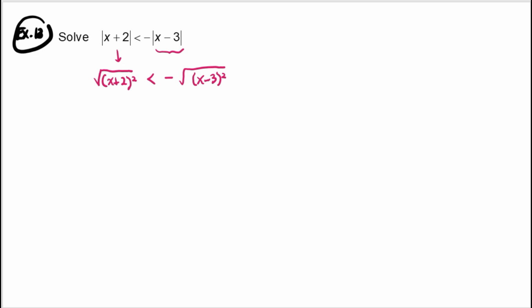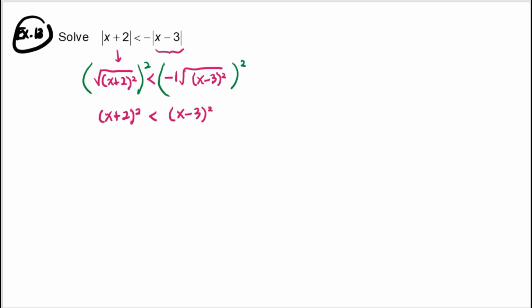Now to remove the square root, we have to square both sides. So when we square this, we have (x plus 2) squared less than negative 1 squared, which is positive 1, times (x minus 3) squared.